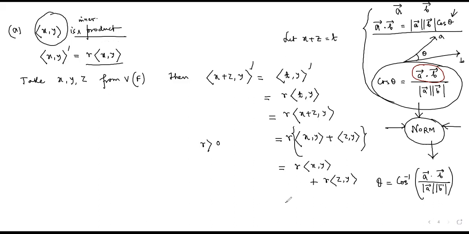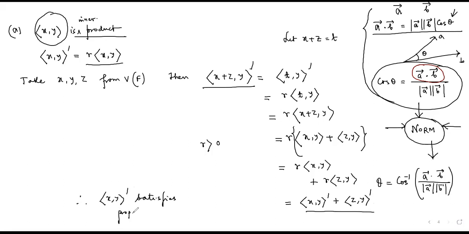This is equal to XY prime by definition, and this is equal to ZY prime by definition, which shows this prime is also linear in its first component, and therefore XY prime satisfies property A. Understood? Students, I'm asking you.